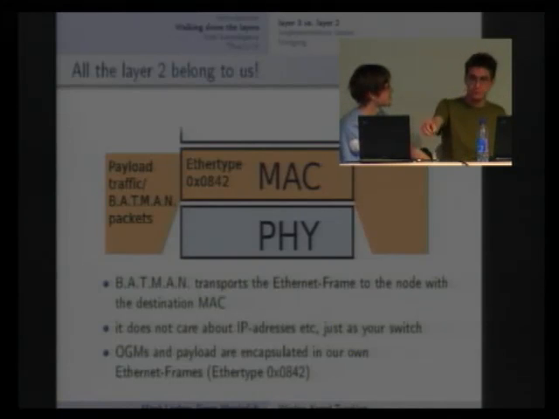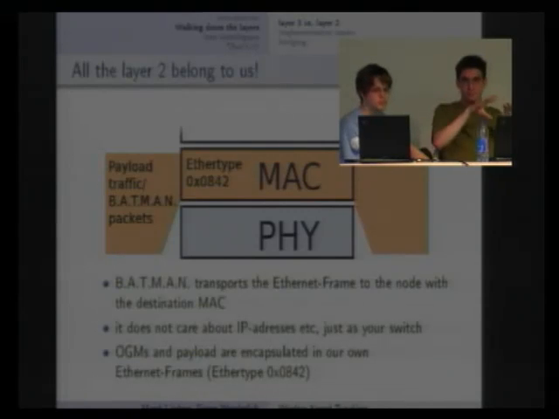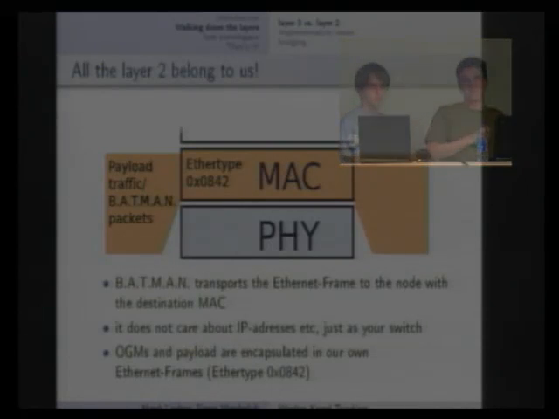He showed, some slides before, that Batman on layer 3 just sends UDP packets and manipulates the routing table. And here we do something different. We send Ethernet frames to get our routing information, and we have this interface he showed, the BAT0 interface, and you set your default route on this interface, and this directly ends up in the routing daemon, and the routing daemon will take your payload, your traffic, and encapsulate this traffic again to transport all the data over the network.